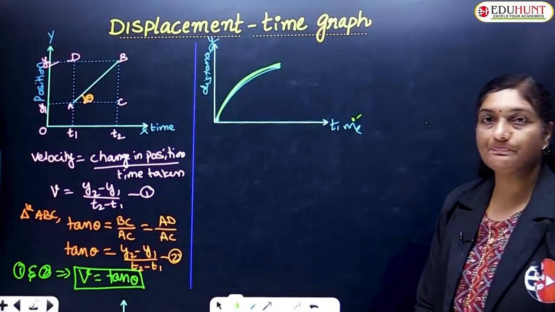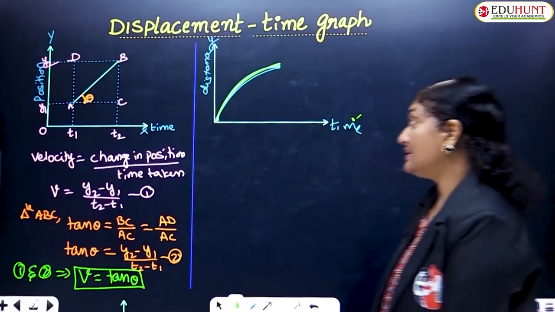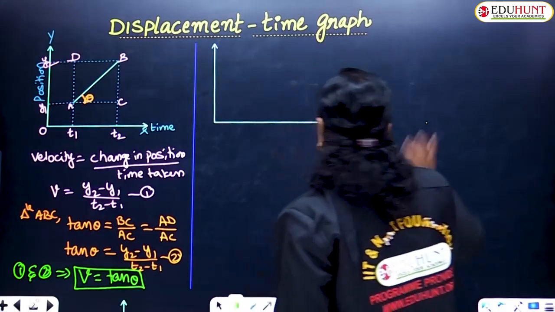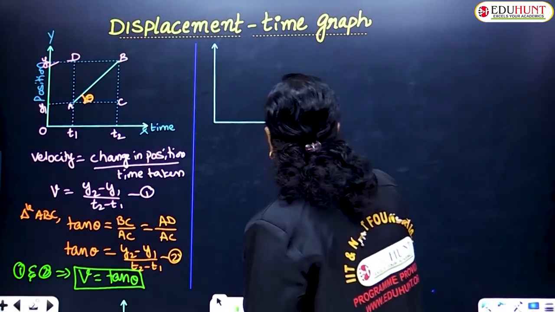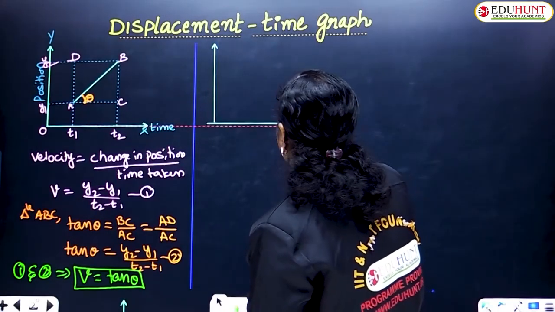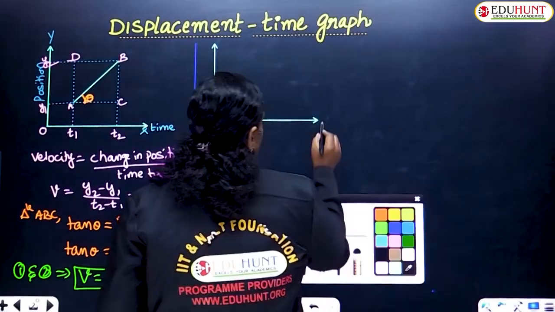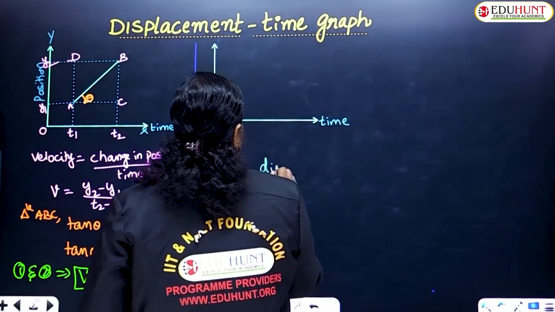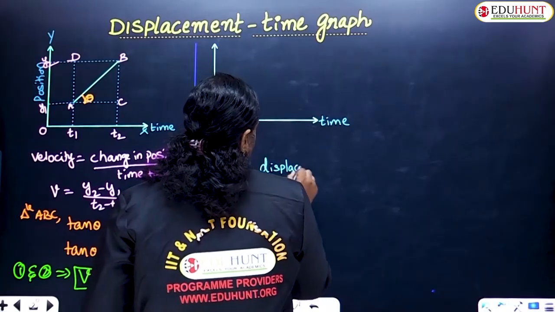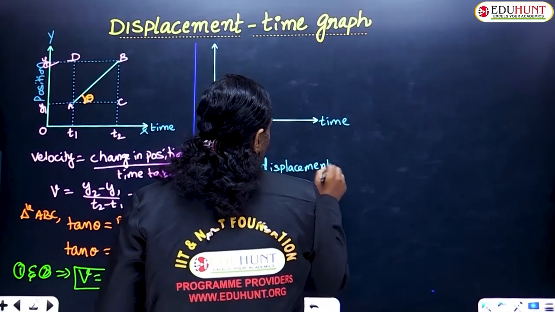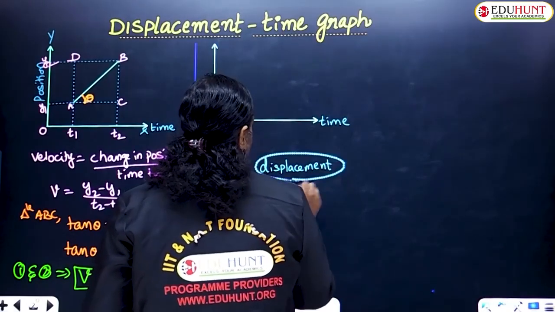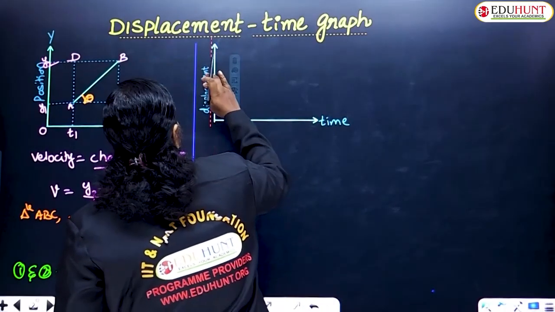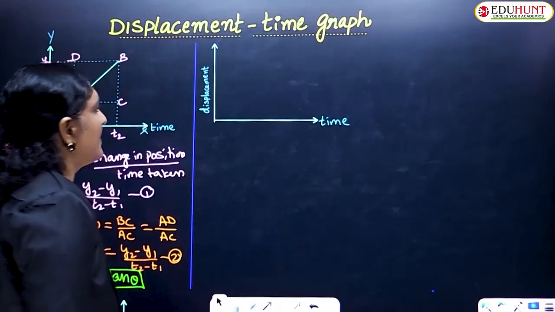Is that okay, children? But the same thing, if you observe in the displacement time graph. So what is the next case, children? We will talk about the displacement time graph. Here we go. This is time. The other one I would like to represent is the displacement, and displacement is always taken on the y-axis.